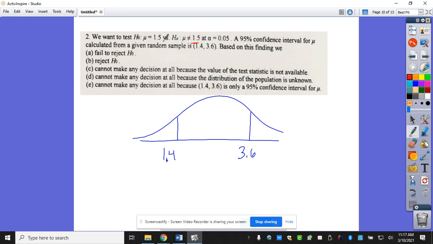And where does 1.5 fall? So if it falls between, that means we failed to reject, because it falls within the confidence interval.